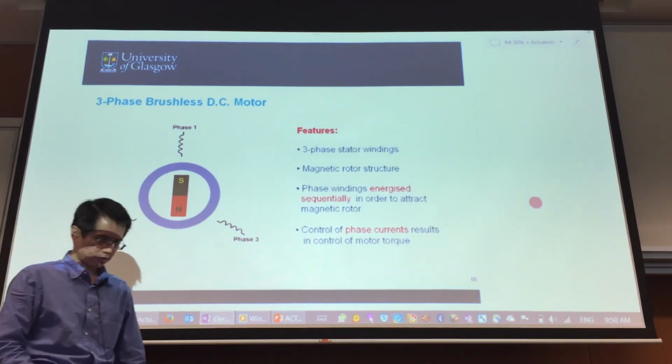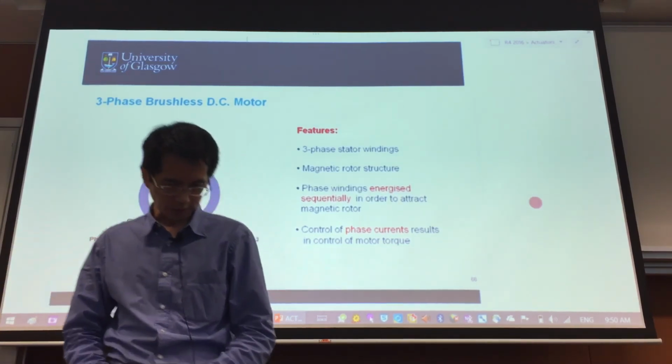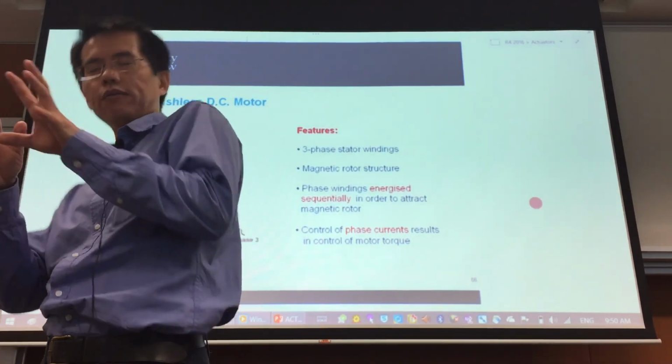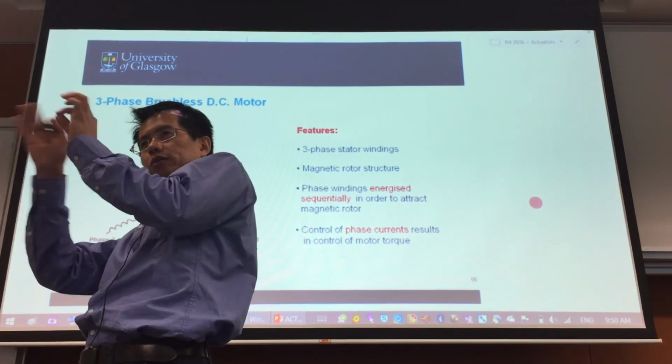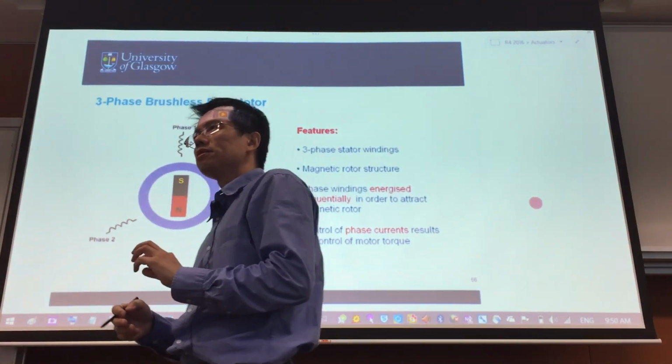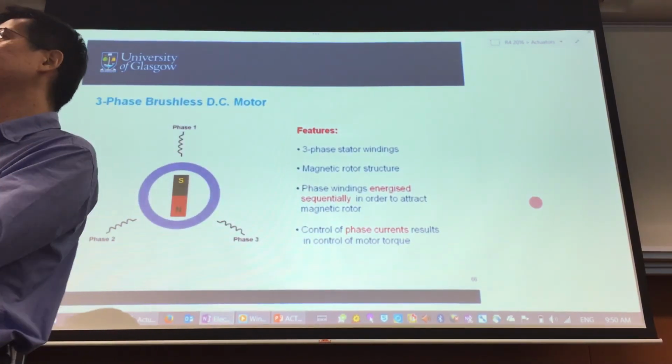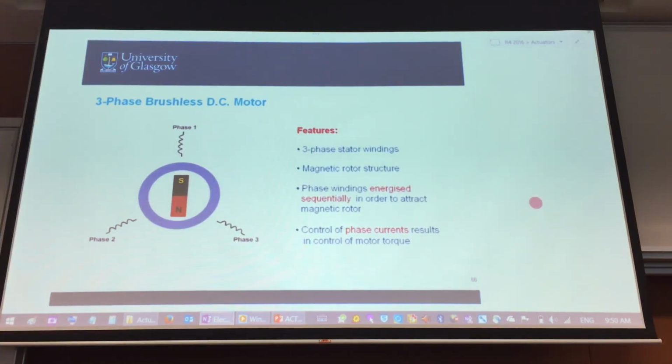Just now, when we were talking about using the Hall effect sensor to time it, there are some other brushless DC motors that don't make use of Hall effect sensors because they are actually quite expensive. A Hall effect sensor costs only a few dollars, but if you mass produce, it's expensive on the manufacturing line.